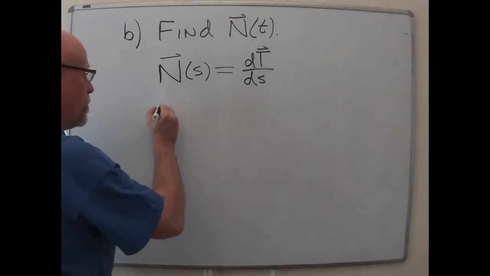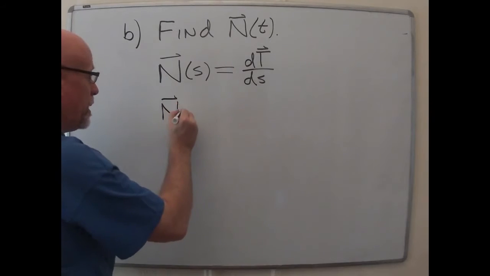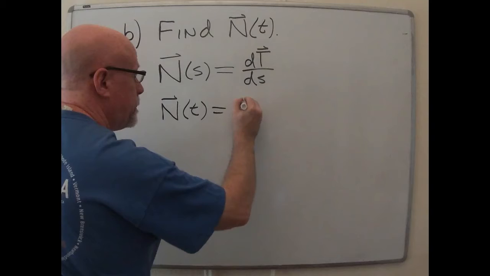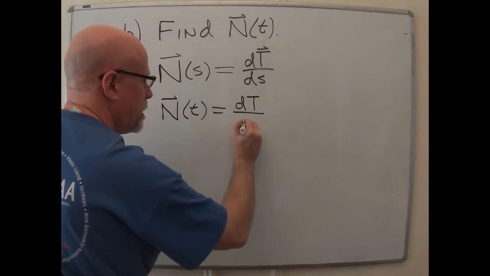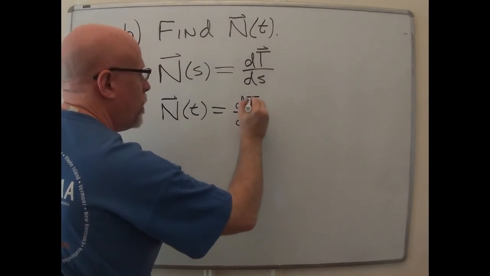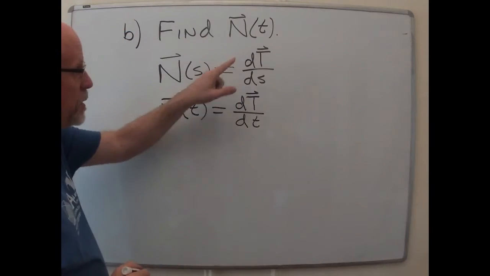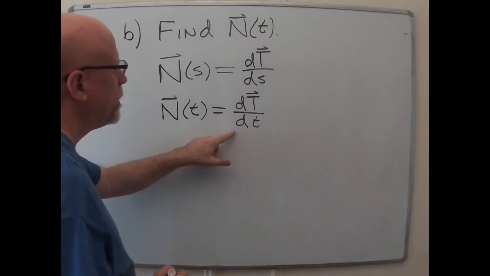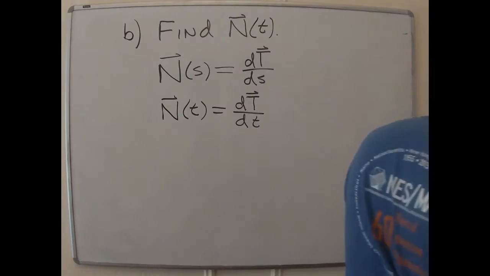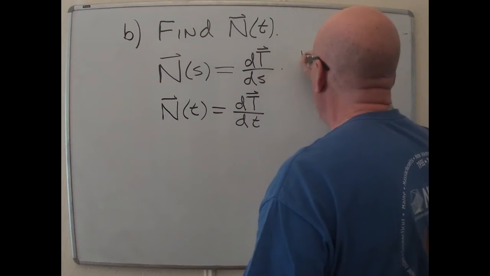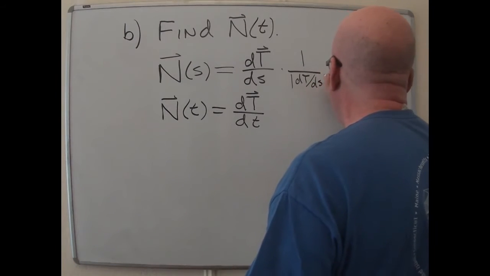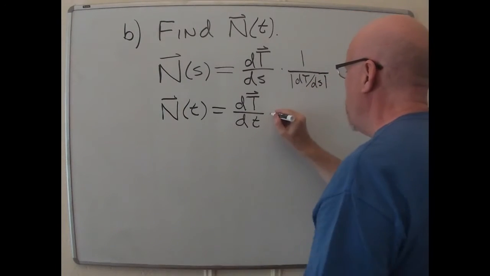So you can go straight to the normal vector as a function of t by just taking the derivative with respect to t. Well, no, not quite, because while it's parallel to dT/ds, it won't be a unit vector. I think I'm lying there a little bit. Sorry, both of these need to be divided by the lengths of the vectors. I'm going to write this like that, and this one as well, by the length of the vector.